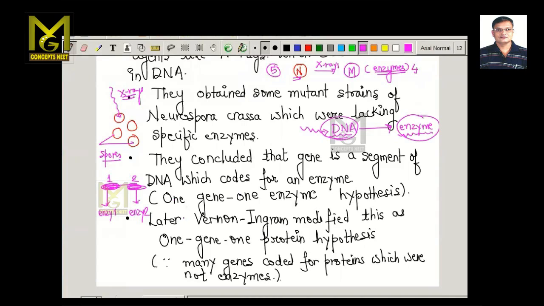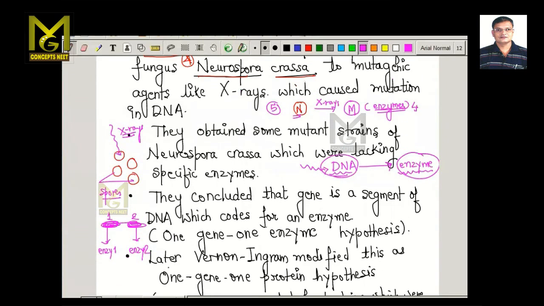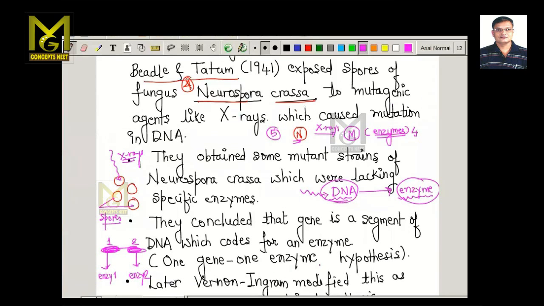So one gene gave rise to one enzyme. That was the hypothesis given by the initial experiments of Beadle and Tatum: one gene, one enzyme hypothesis.